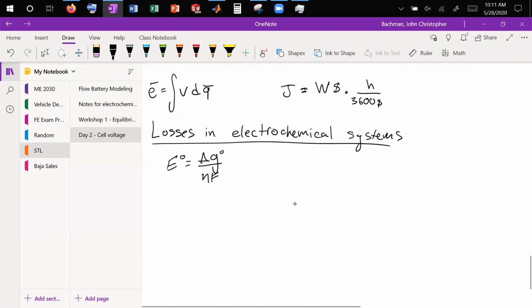So sometimes what we'll say is our efficiency will be equal to the E over... so this might be a little confusing, but above, we're still under equilibrium conditions, right?